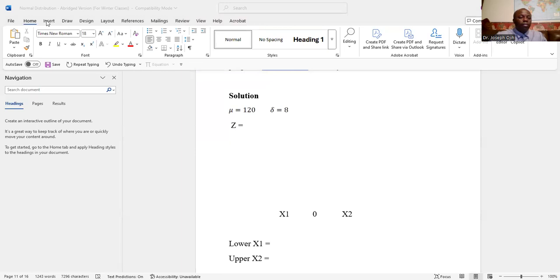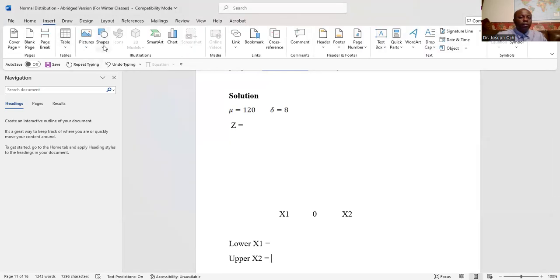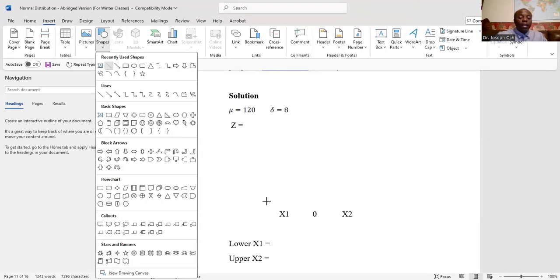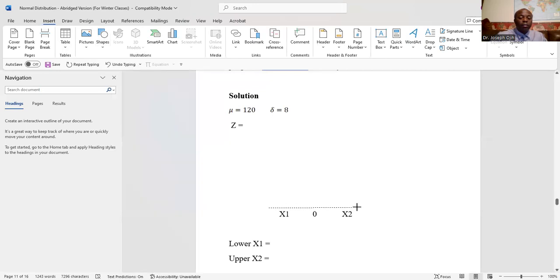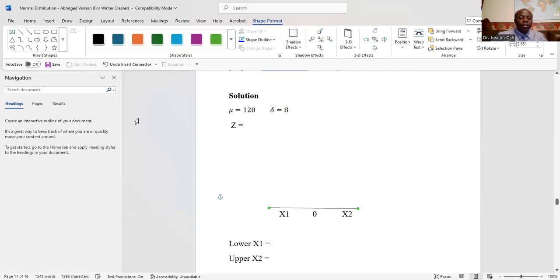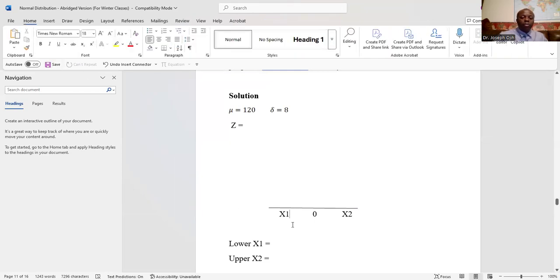To make the chart, we have the X-axis, X1 and X2.